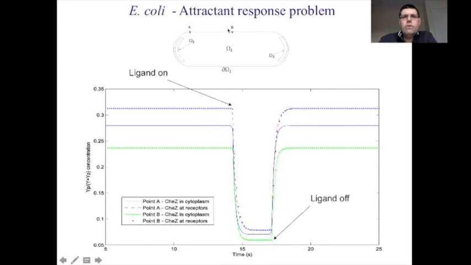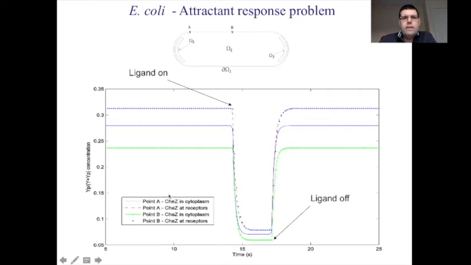So again, further added arguments for this is the fact that when you have this point A here and this point B within the cytoplasm of the membrane of the surface of the cell where the motors would be located, you obviously don't want to have a huge difference between them.